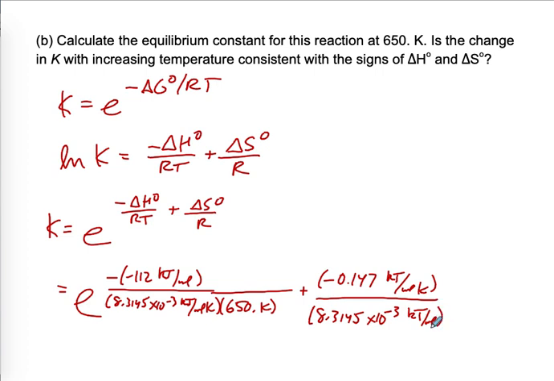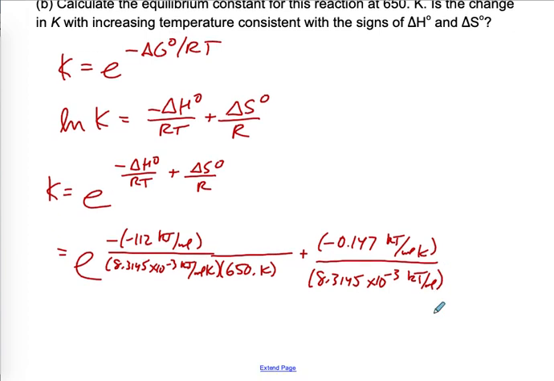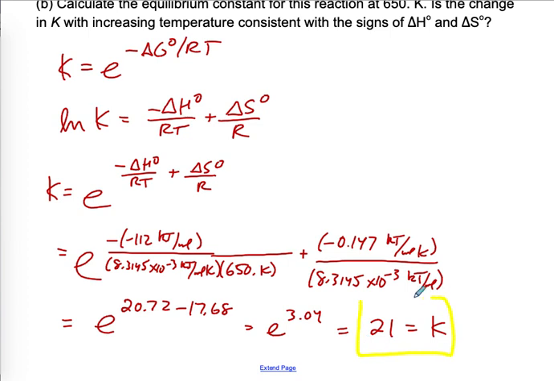You will convince yourself that when you cancel units, the units in the exponential term cancel out, which they should, and we get K is equal to e to the 20.72 minus 17.68, or e to the 3.04, or a value of 21. So the equilibrium constant for the reaction at a higher temperature is 21.